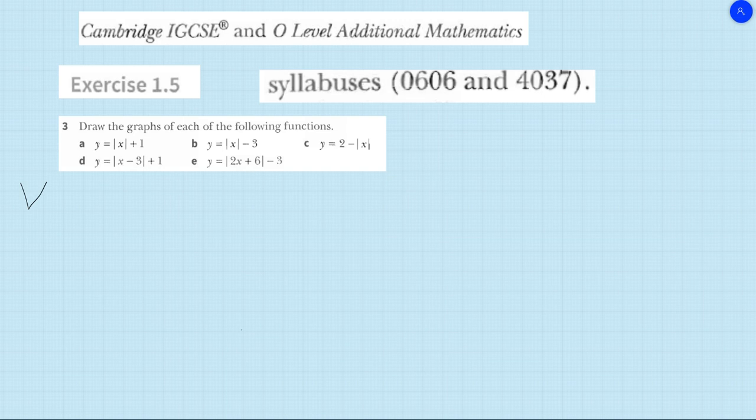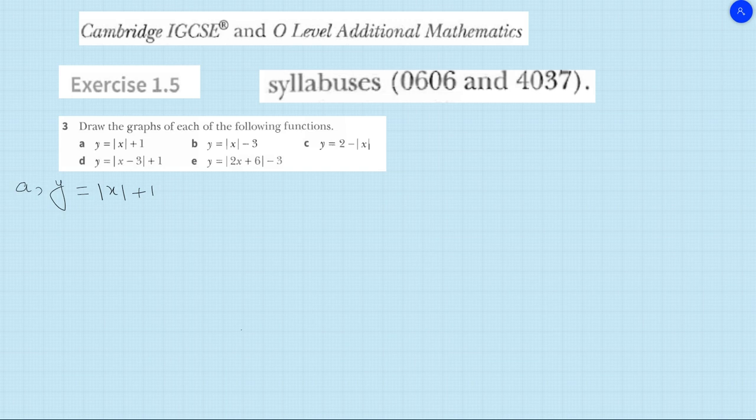So let's start part A. Y is equals to absolute valued function x plus 1. In order to draw the graph of an absolute valued function, first we have to draw a graph of a straight line.